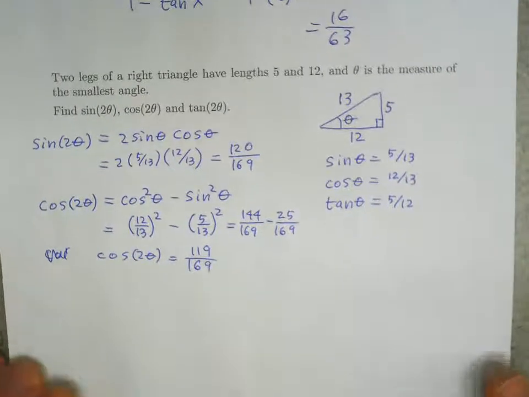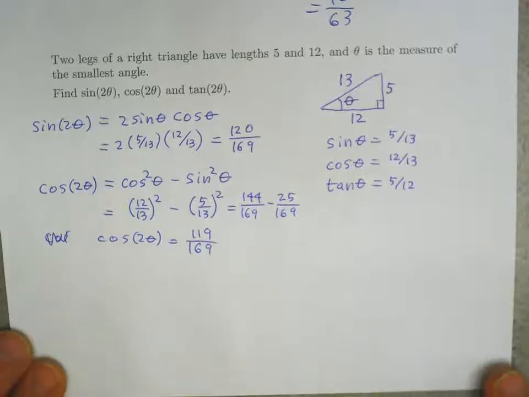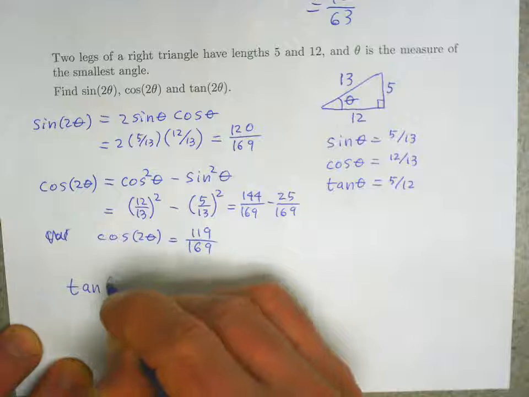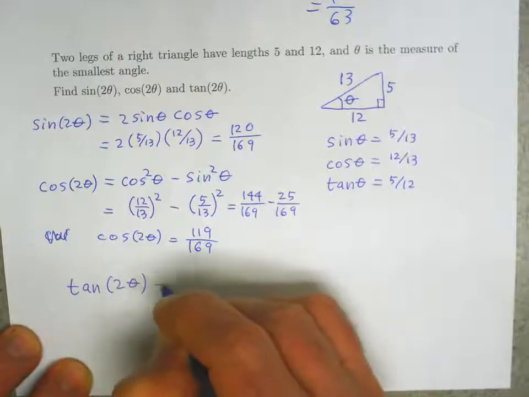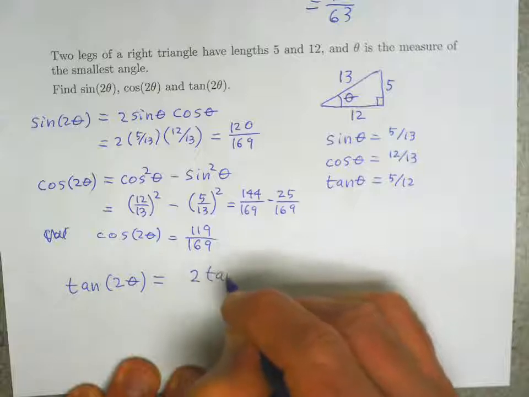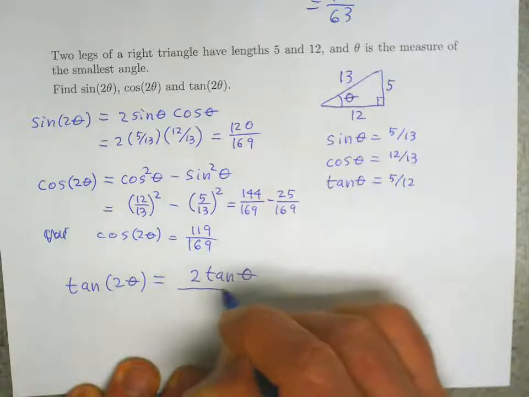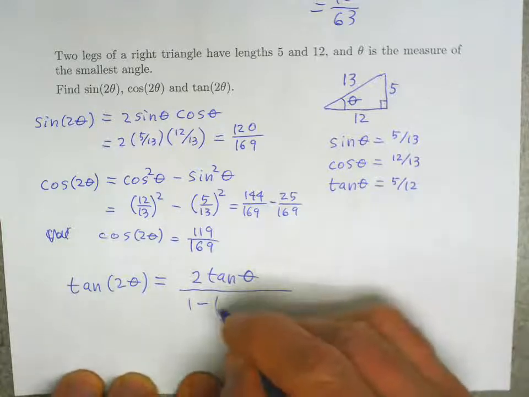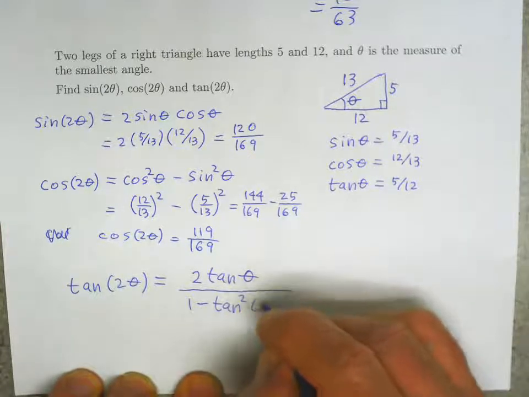Okay, finally, tangent of 2 theta. Tangent of 2 theta in the numerator is 2 times tangent of theta. And in the denominator, it's 1 minus tangent of theta squared.